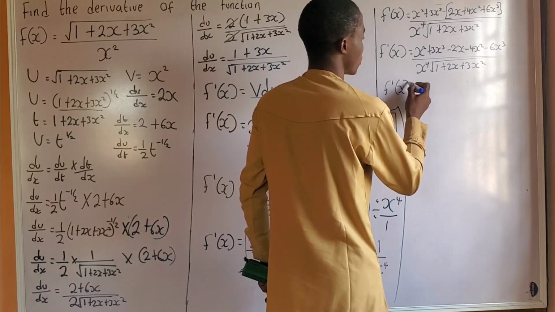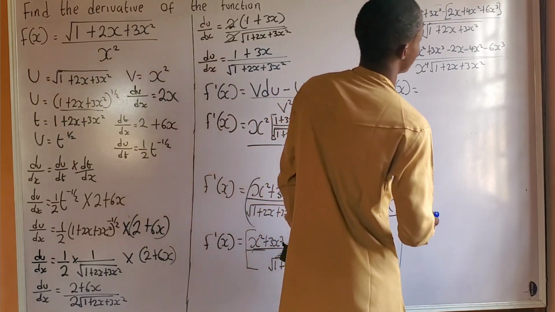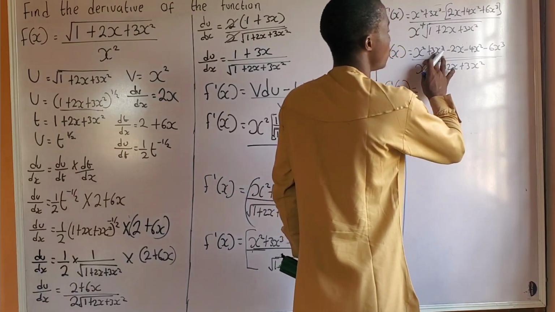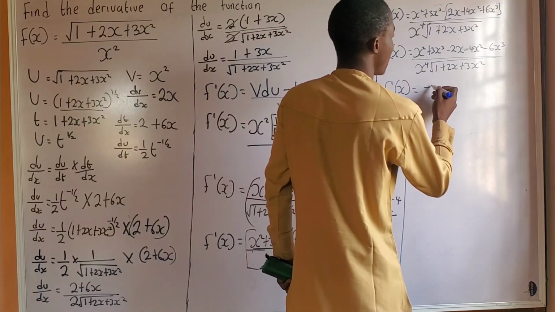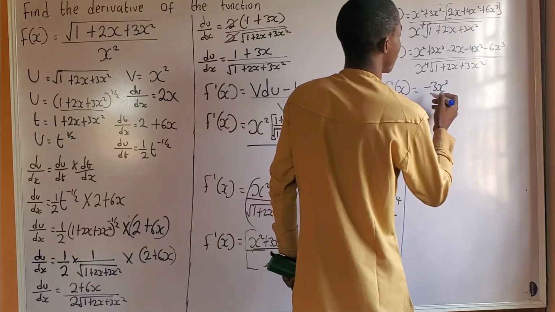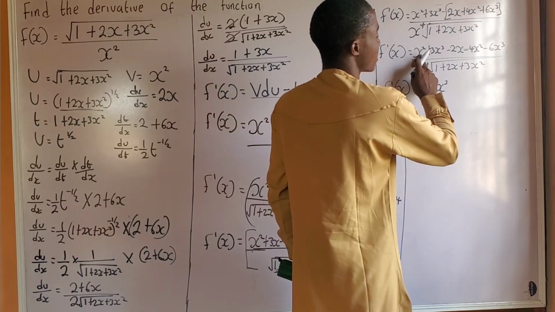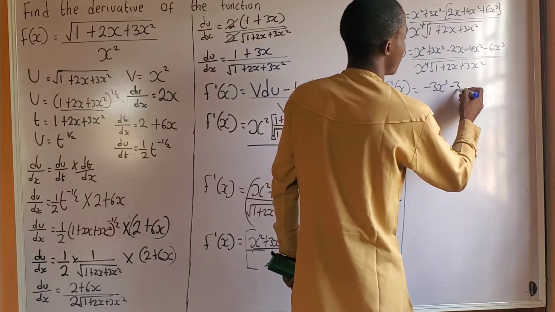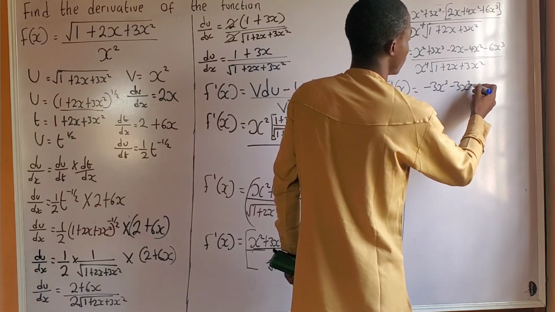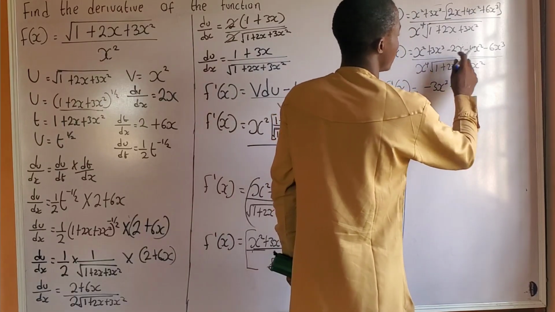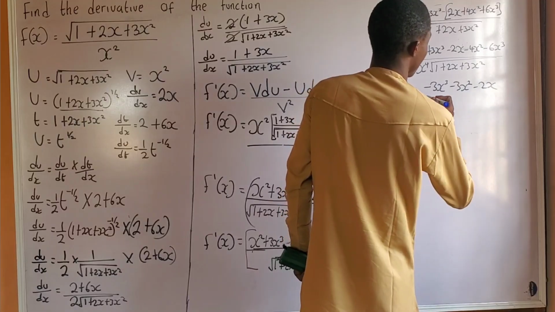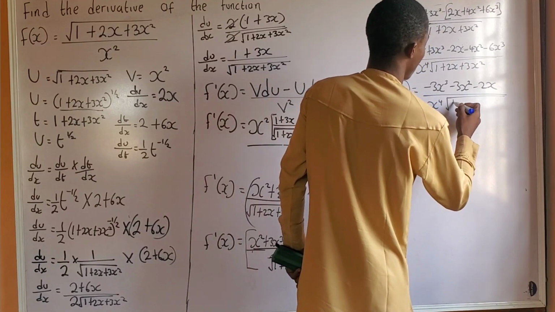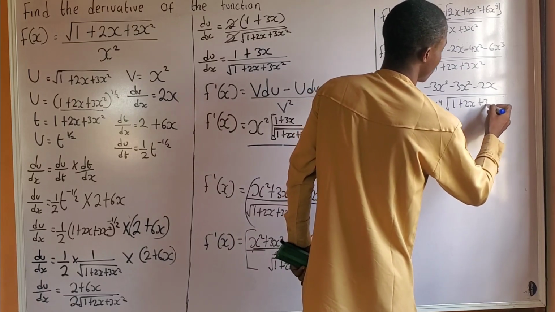So the derivative of f of x will be equals to, now let's see if we can collect like terms. Yes, we can. Plus 3x cubed minus 6x cubed will give me minus 3x cubed. Are you getting it? x squared minus 4x squared will give us minus 3x squared. Then we have negative 2x, that is minus 2x. All over x raised to the power of 4 multiplied by the square root of 1 plus 2x plus 3x squared.